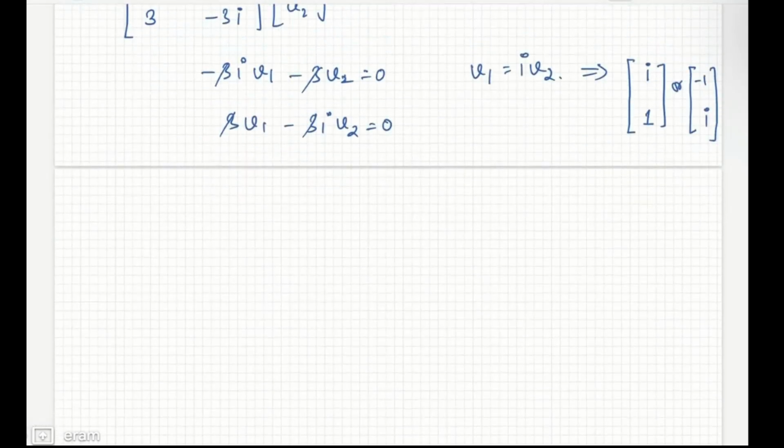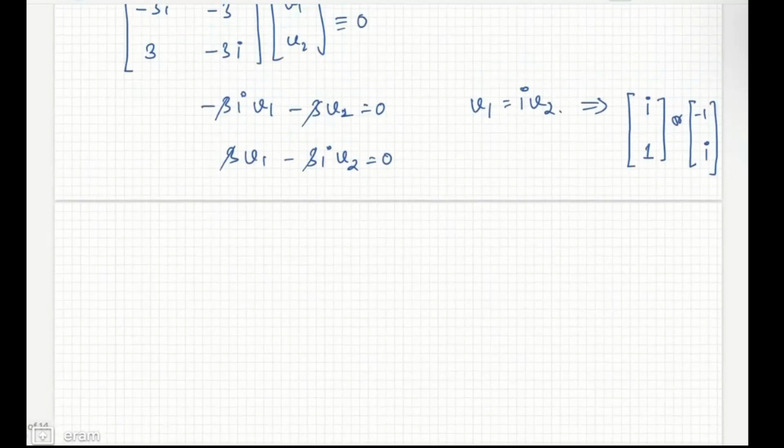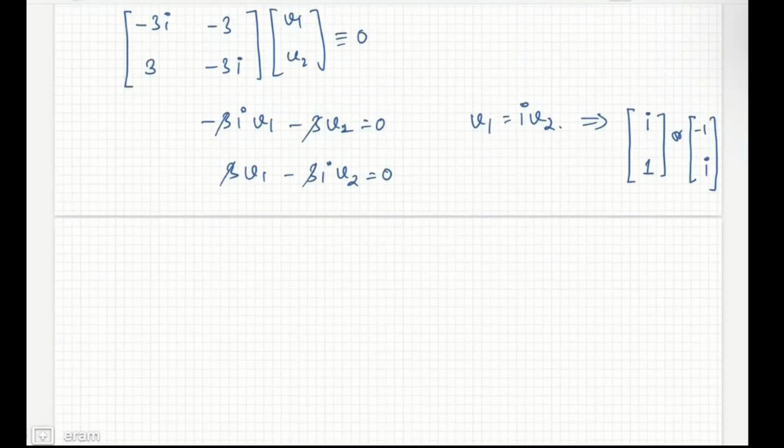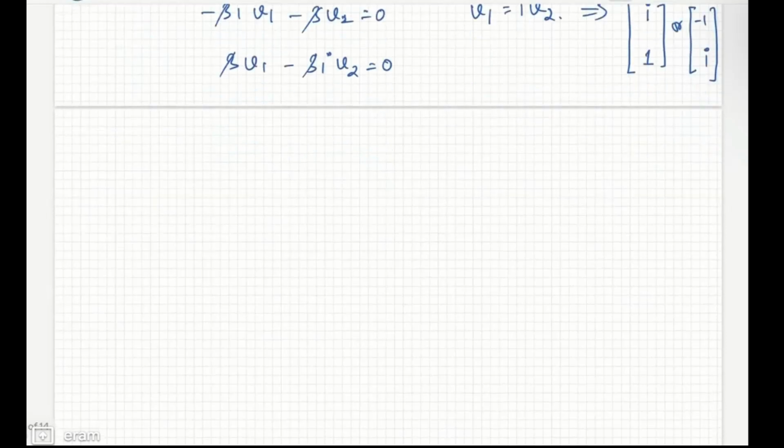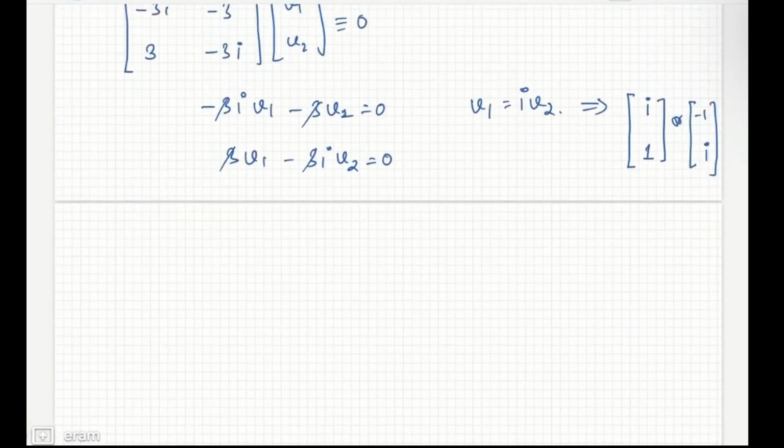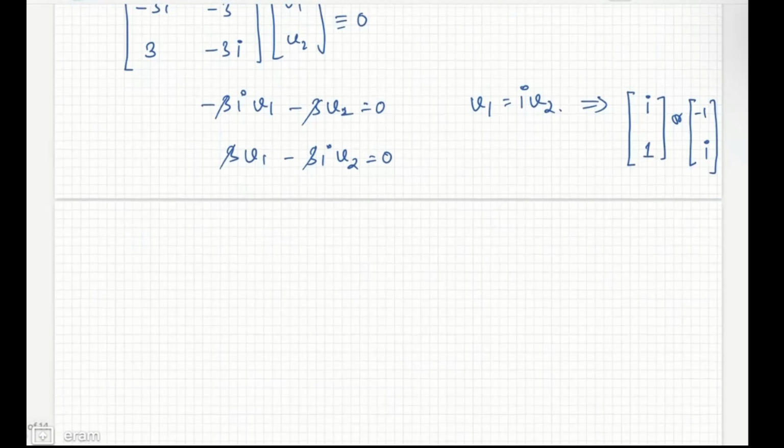Then what we have to do, we have to write the solution x(t). So what will be the solution then? It is obviously e to the power lambda t into v.